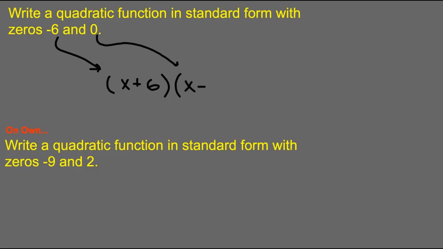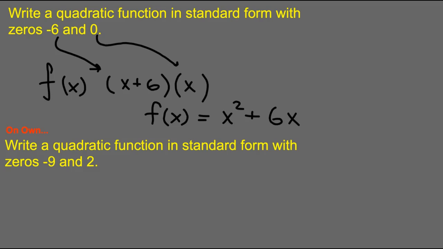X minus 0. That's silly though. Nobody would ever put -0, would they? This is where you just would do x. So the function for this one, when you multiply it out in standard form, would be x squared plus 6x. Weird. Good.